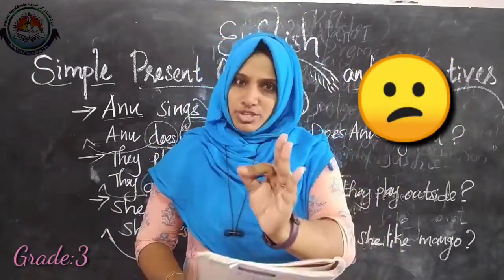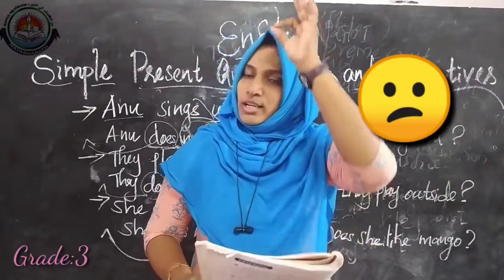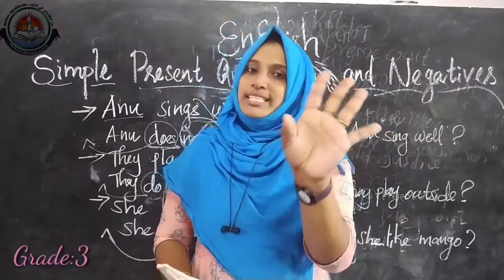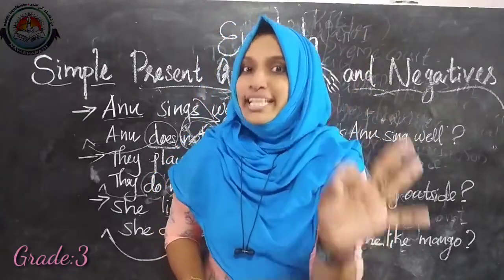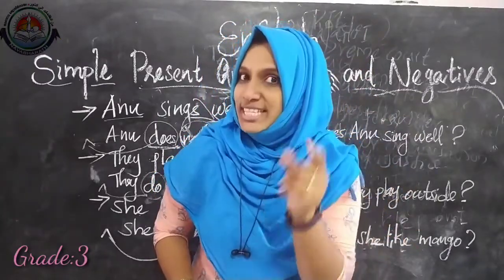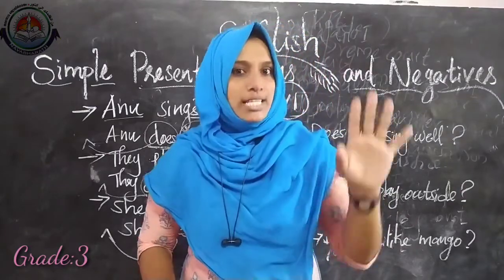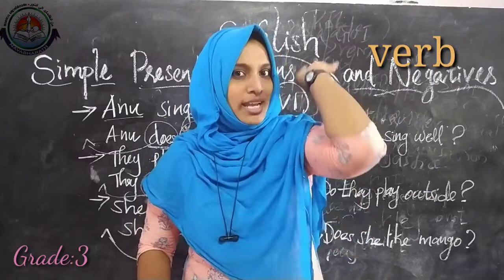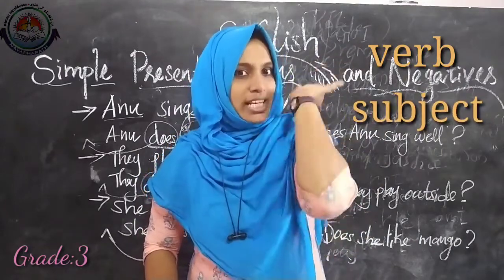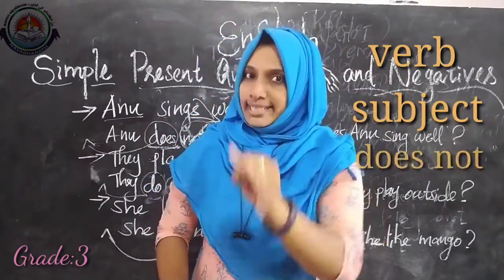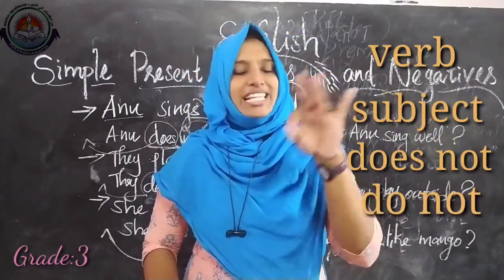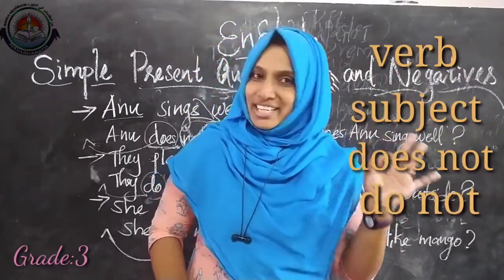That is why ma'am is telling you again and again, whatever simple sentence you get, first change that simple sentence into its negative form. For changing to the negative form, there are some rules. First, change the verb into its negative form. Then find out the subject. If the subject is singular, add does not. If the subject is plural, add do not, except in the case of I and you.